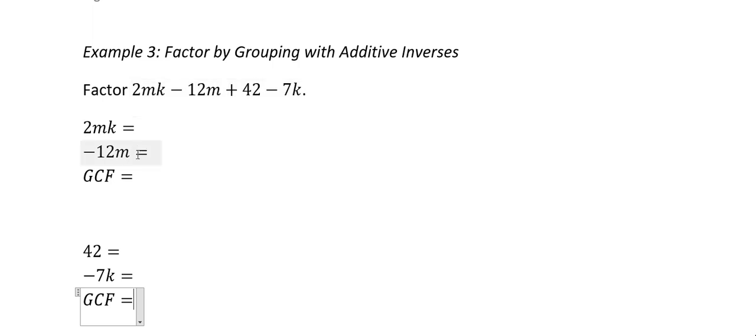Okay, so 2mk is nice and easy. That is just 2 times m times k. Okay, negative 12m, so I've got a negative 1. The factor tree for 12 would be 3 and 4.